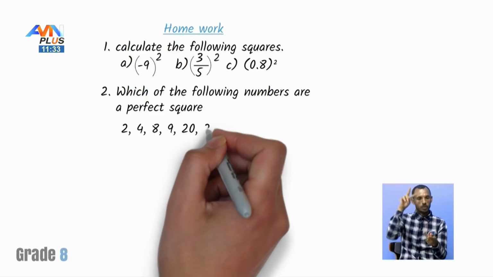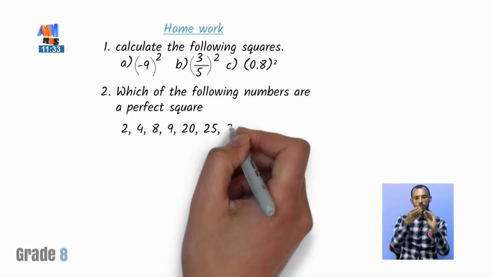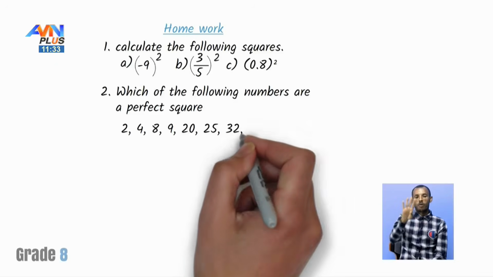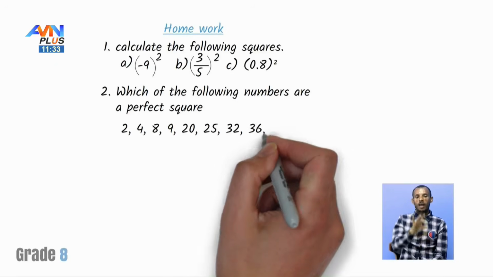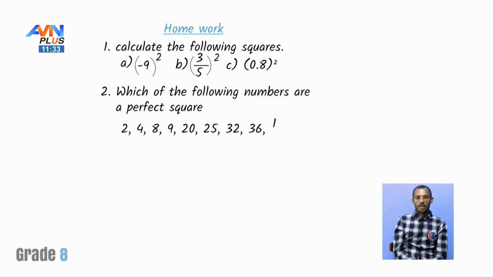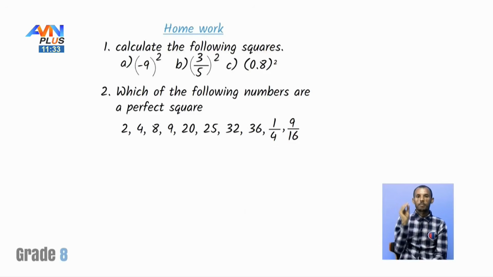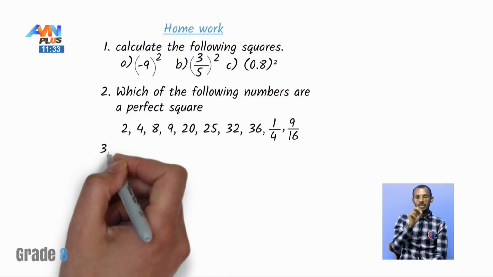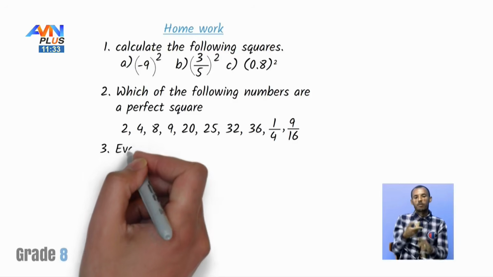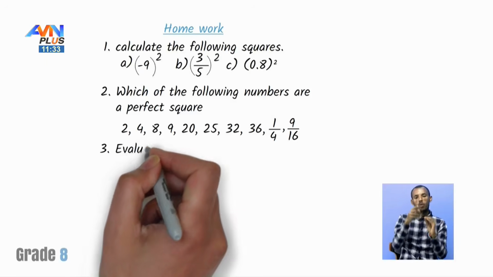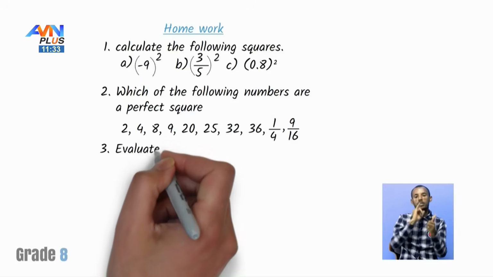So my numbers are 2, 4, 8, 9, 20, 25, 32, 36, 1 over 4, 9 over 16. Okay, so from this list of numbers, you will pick the numbers which are perfect squares.